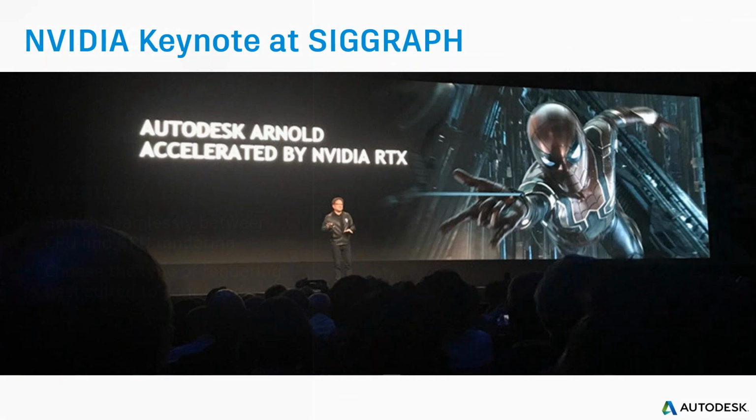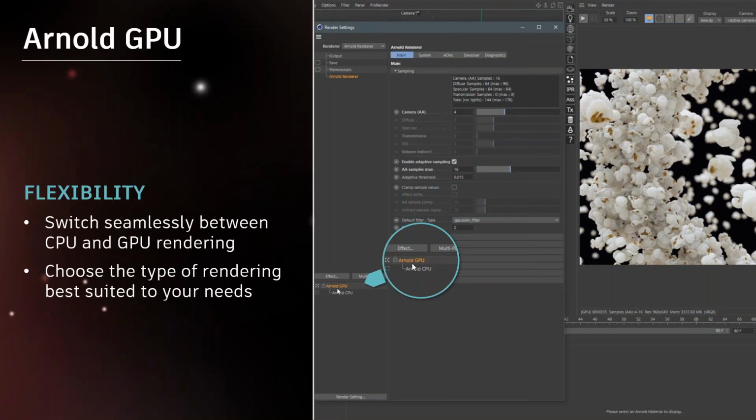So Arnold GPU is very flexible. You can seamlessly move between CPU and GPU. There is just one button which you need to press. Everything else is the same. So that's the reason I didn't get into a lot of the features, because most of us have already seen them. If not, there are videos online which you can go through.